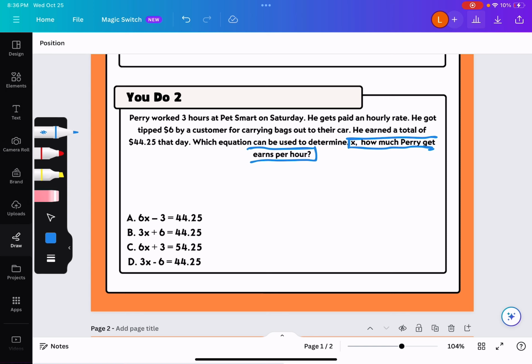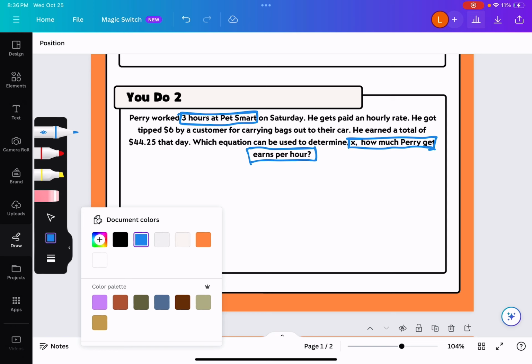Okay. And we know that Perry worked 3 hours. Okay. We know that he gets paid an hourly rate, and that he got tipped $6 by a customer, okay, for carrying bags out.